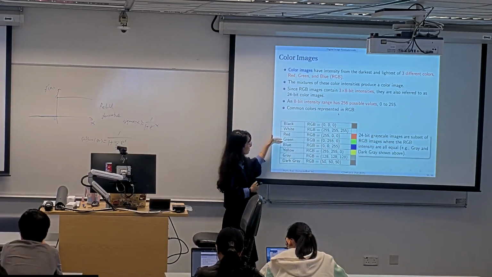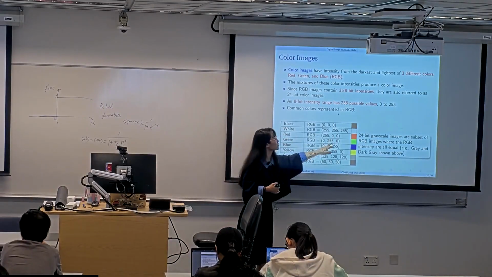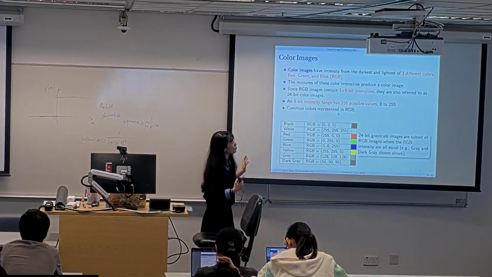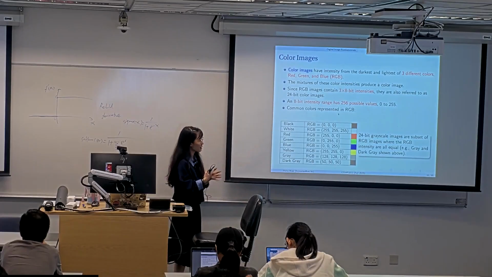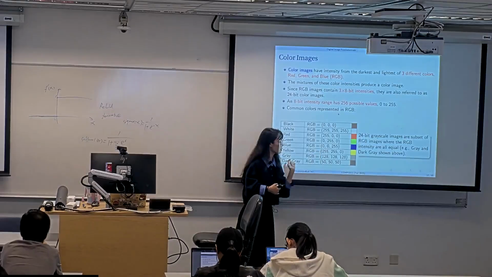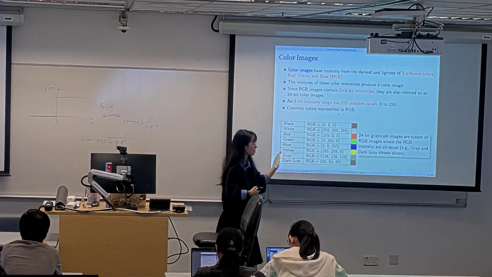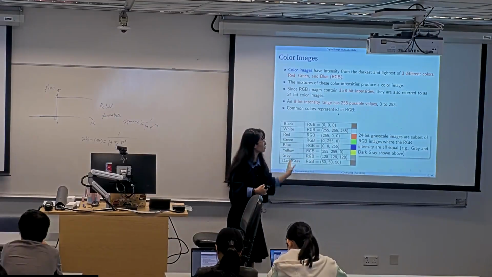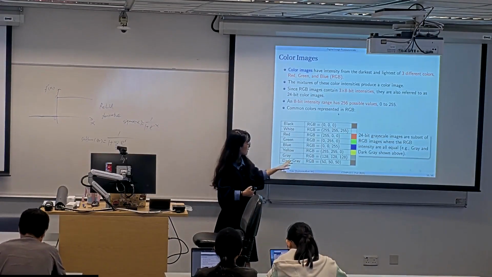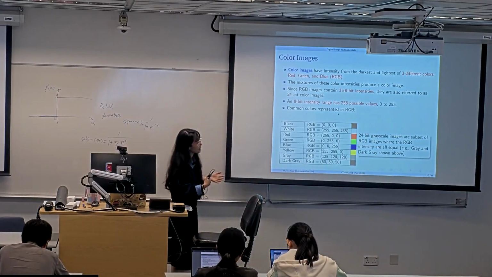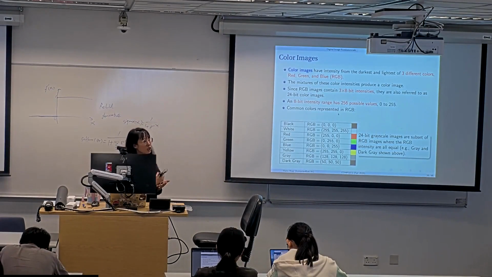If you want pure green, let the green channel be 255, and the same for pure blue. If you want mixtures of colors, like yellow, let the red and green be 255 and blue be 0, then you get yellow. For gray, you can let all of them be 128, and dark gray would be all 50. So you can create different colors using different mixtures of these 3 channels.